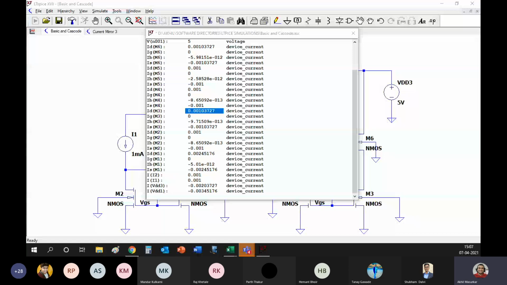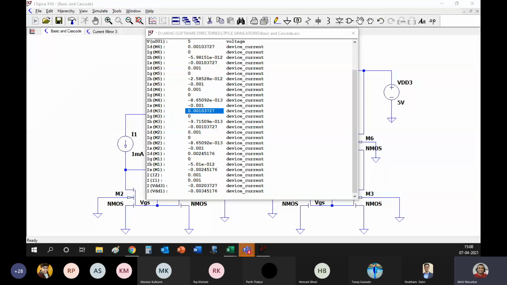So I am waiting. So you will post the outputs for lambda equal to 0.01, for lambda equal to 0.05, then for lambda equal to 0.1 and for 0.5.